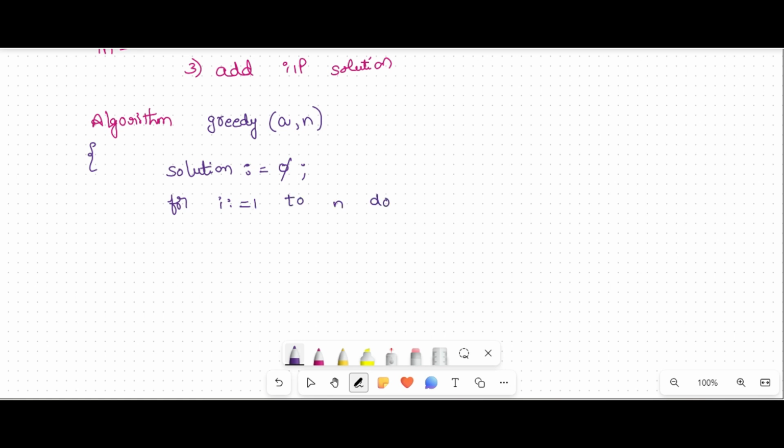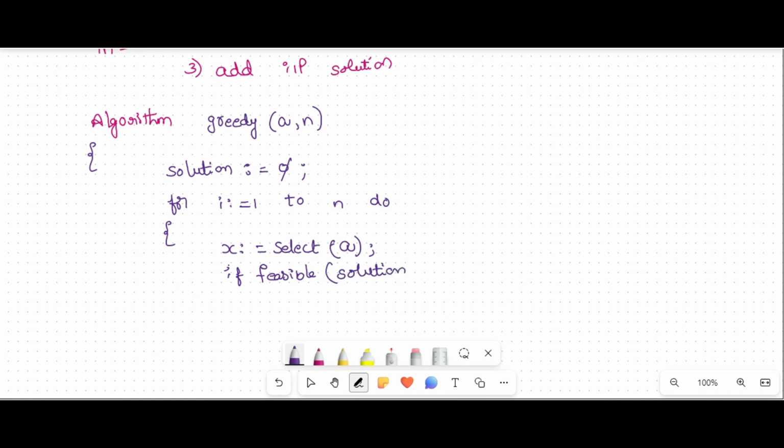We have to select one input from the given n inputs, so that we are storing in X. Select one input from the given inputs, that is stored in X. Find whether that input is feasible or not.